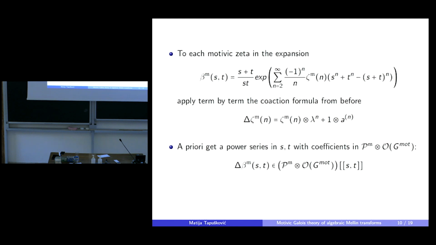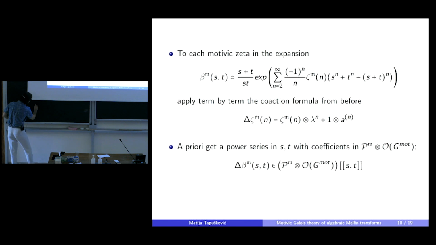And to each motivic zeta in this expansion, we will apply the term-by-term coaction which we had seen before, this formula we've seen before. So a priori, we get a power series in s and t with coefficients in this tensor product here. What do I mean by this? I just want to make sure I get this point across.